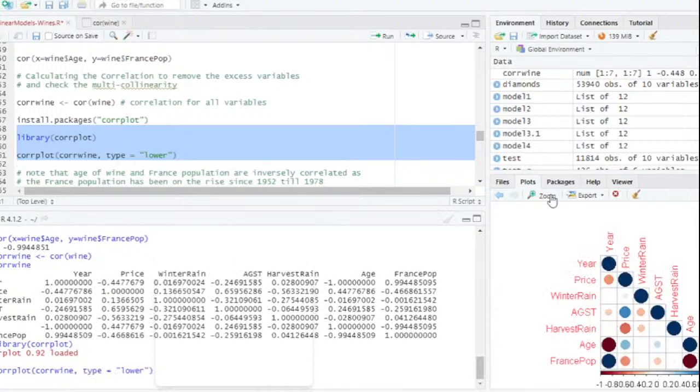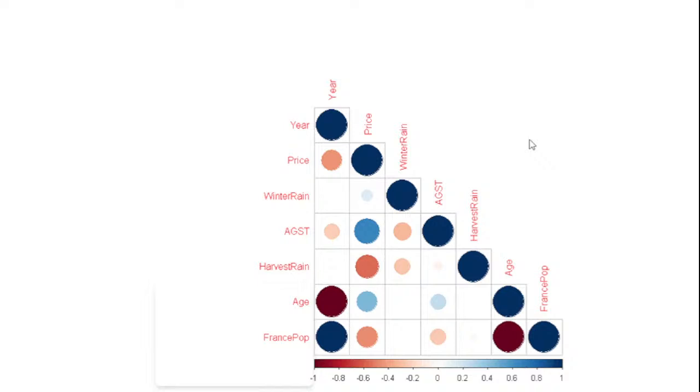See, it will create this plot. The color represents the positive and negative correlations. Okay, so there is a high negative correlation between age and France population.